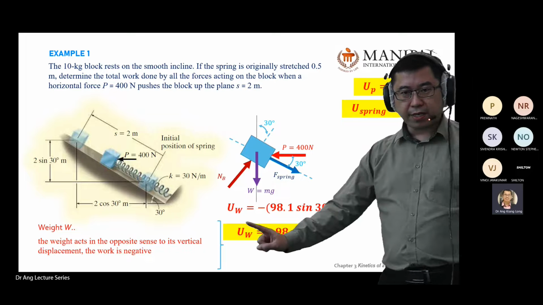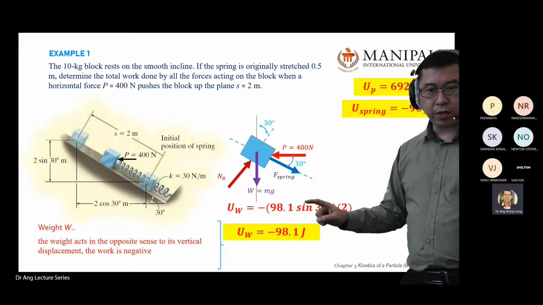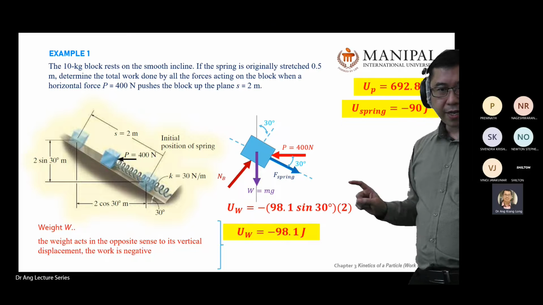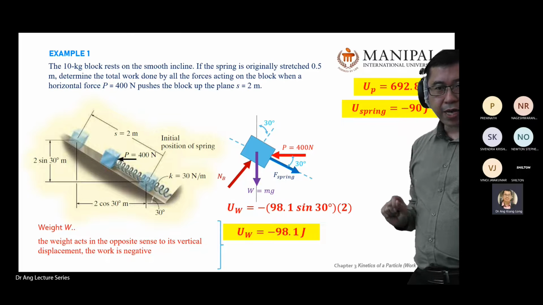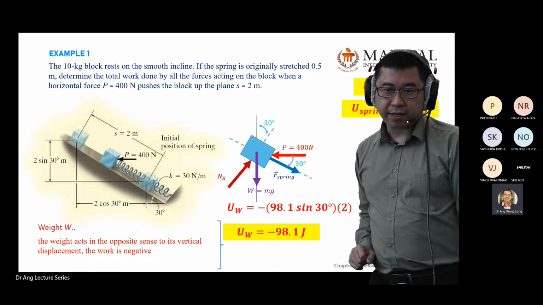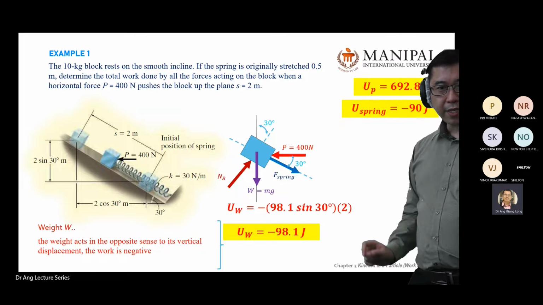So for gravitational work, U_W equal to negative force sine theta multiplied by the displacement. You get 98.1, is it correct? Yeah, correct, because sine 30 is half.